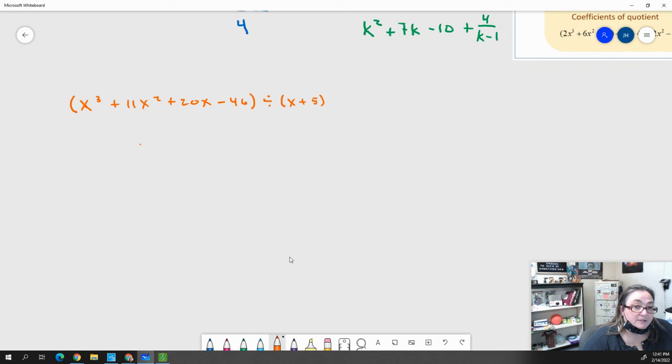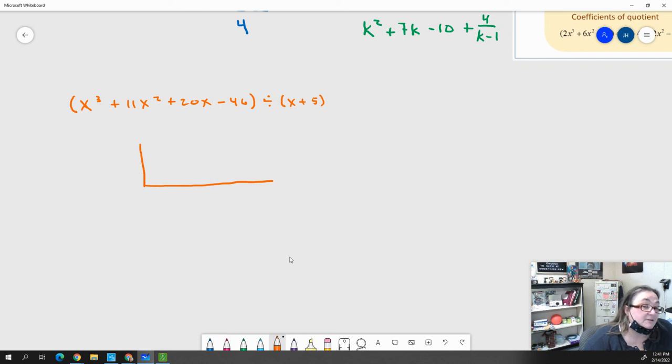So here we are again. We're going to draw our little thingy. I don't know what this thing's called. They call it a box, but I have a hard time calling it a box because it's like half a box. And I'm going to put in my coefficients. I'm going to check first. 3, 2, 1. Constant, we're good. We don't have to put in any dummy terms.